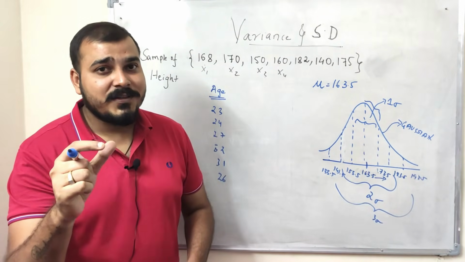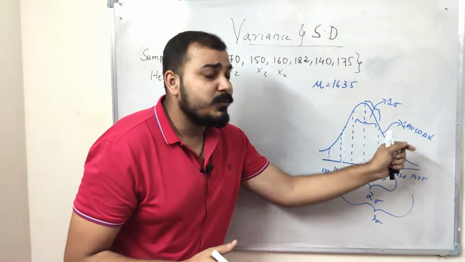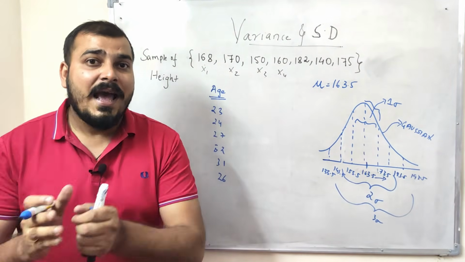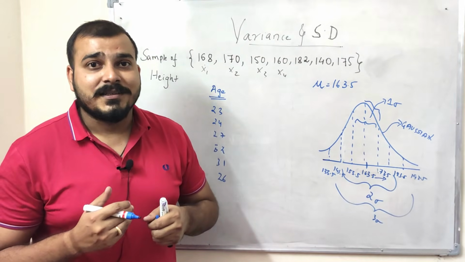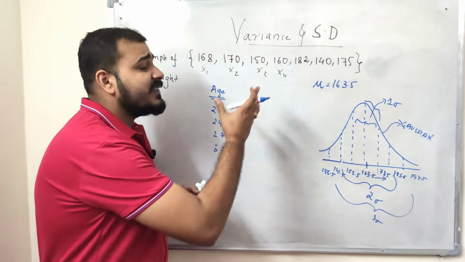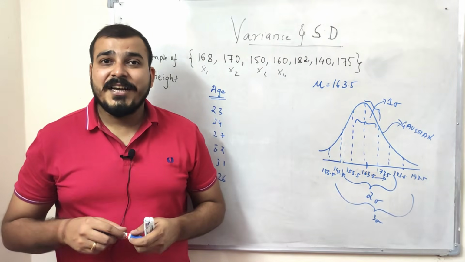What is the importance of that? I'll explain in the next videos, because a Gaussian distribution follows some properties, and we can apply those properties to this data set for our statistical analysis. So this is the importance of variance and standard deviation. I'll be discussing more about this in my next video.